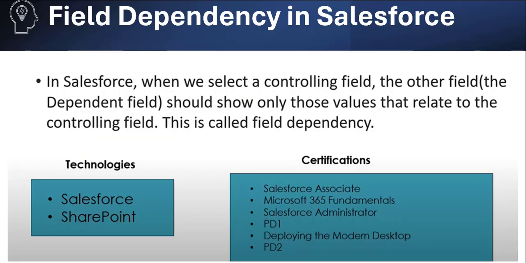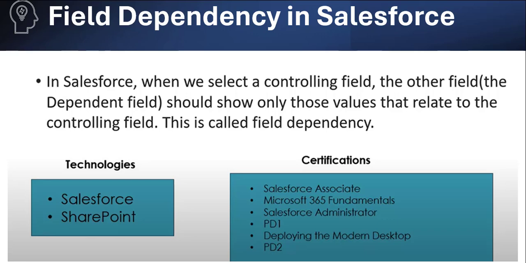Field dependency in Salesforce. In Salesforce, when we select the controlling field, the other field, that means the dependent field, should show only those values that relate to the controlling field. This is called a field dependency in Salesforce. For example, we have two picklist fields. The first one is Technology and the other one is Certifications.